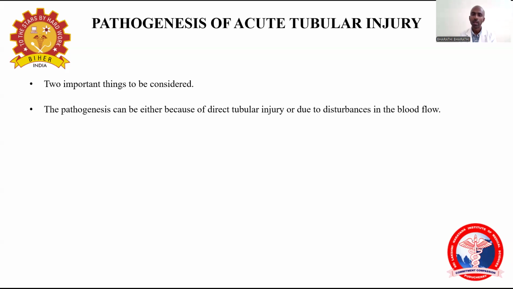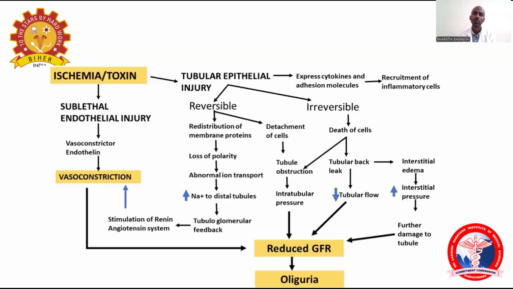Meaning either the toxin directly affects the tubules, or something disrupts the blood flow, either due to shock or some kind of vascular abnormalities. So first, ischemia or toxin. Acute tubular injury may be due to ischemia or due to toxin.